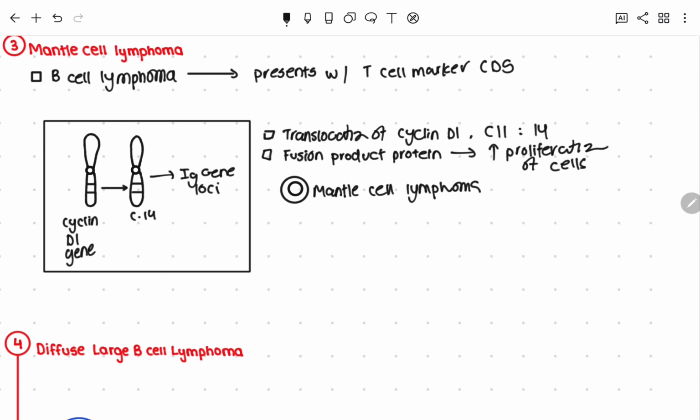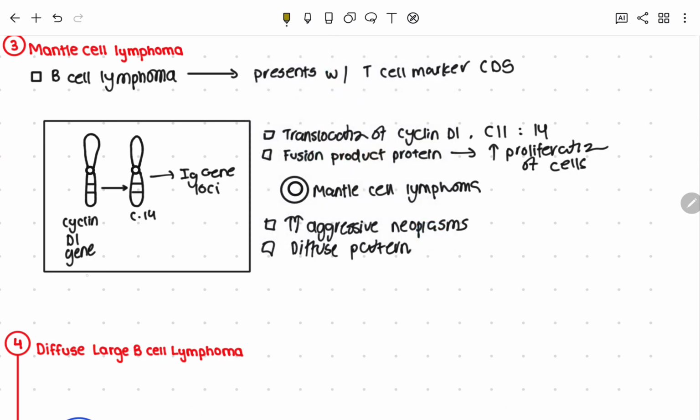If you have a cell that is relatively poorly differentiated, you'd imagine it has higher chances of being malignant and higher chances of being a cancer that has relatively poor prognosis and is relatively aggressive. And so what you need to remember is that mantle cell lymphomas are aggressive neoplasms and that they normally follow a diffuse pattern.